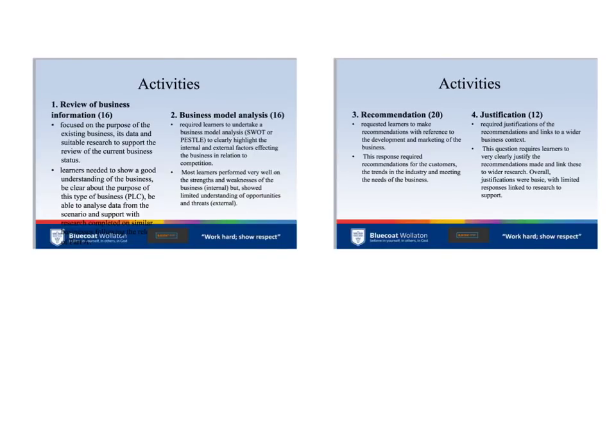Now, if we're thinking about those 3 different ones, what is that actually going to look like? Well, what do we actually know? Well, really simply, we know that we're going to get 4 different tasks in the paper. So we're going to have to review the business information. We're going to have to do a business model analysis, the recommendations of what we do to improve the business, and then justification of that. Now that justification is one of the most common mistakes.